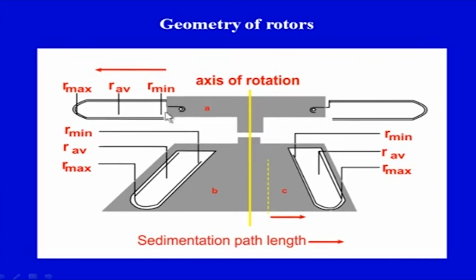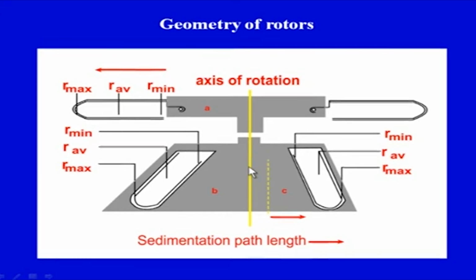This is because at different parts of the tube, the particles experience different centrifugal fields; the particle here will experience a higher centrifugal field because of the distance. Many times r average is taken for calculations, but particles at different places, due to the distance from the axis of rotation, will experience a varying applied centrifugal field.